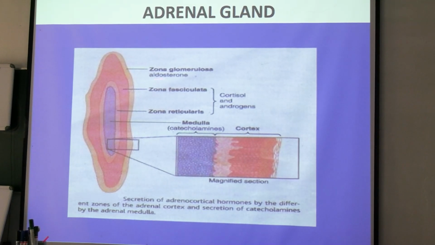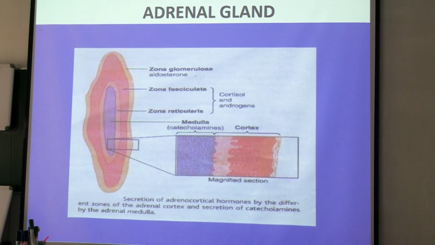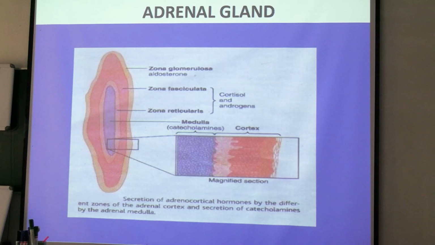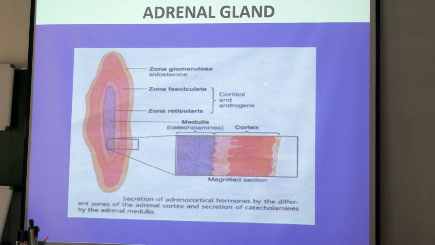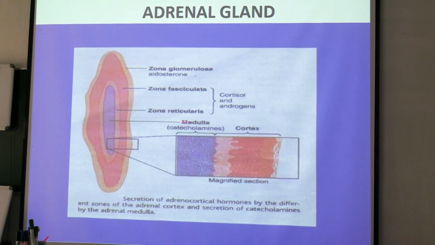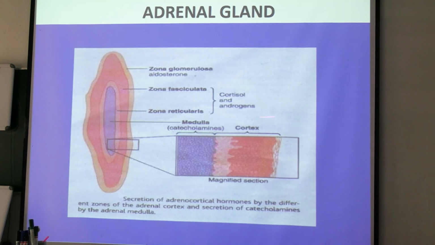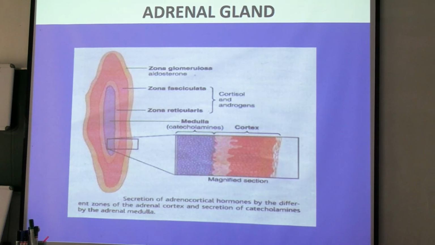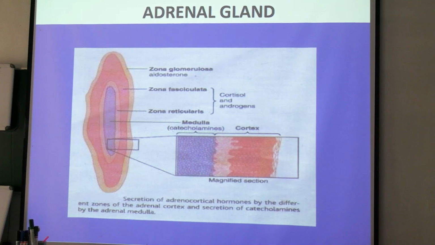Glomerulosa secretes aldosterone, a mineralocorticoid, and fasciculata secretes the glucocorticoids, cortisol and corticosterone. Reticularis secretes the androgens, and medulla secretes the catecholamines, adrenaline and noradrenaline. Which hormones are secreted from which layer is very important for MCQs and Viva. Okay.